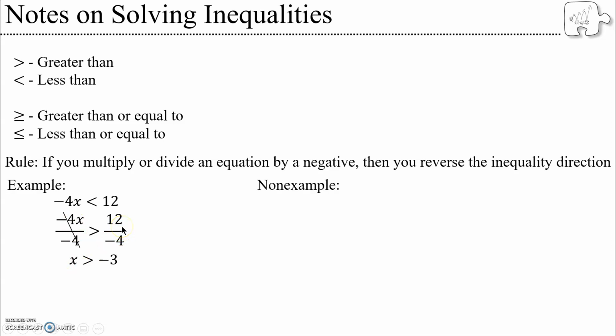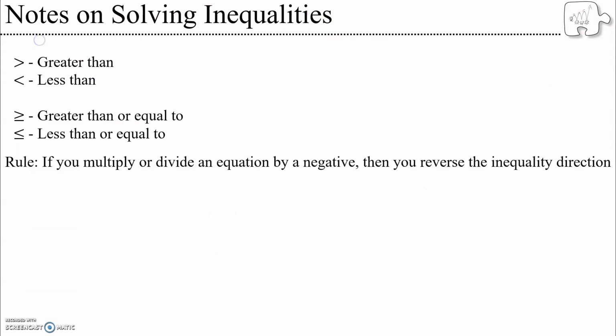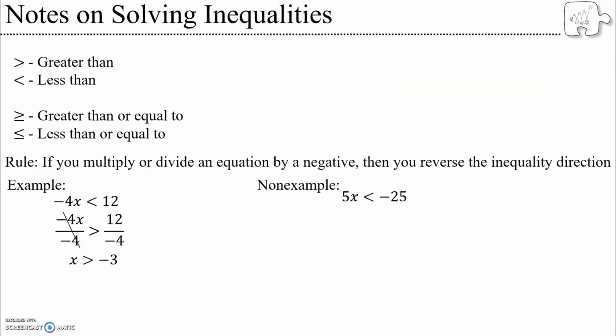A non-example would be 5x is less than negative 25.